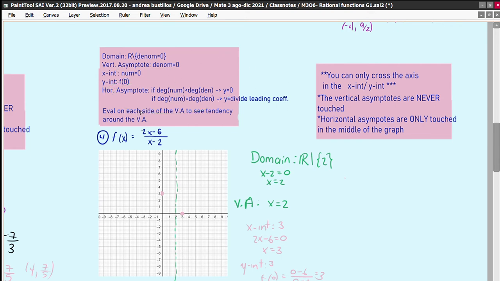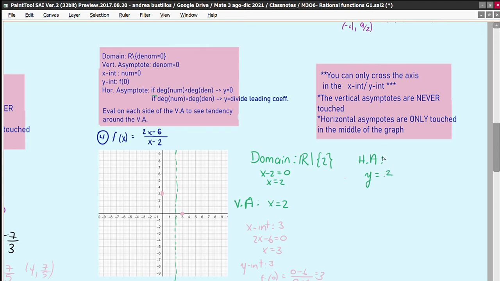The degree of the polynomial in the numerator is 1, and the degree of the polynomial in the denominator is 1, meaning that the horizontal asymptote is going to be the division of the leading coefficients. The leading coefficient of the polynomial in the numerator is 2, and for the polynomial in the denominator is 1.